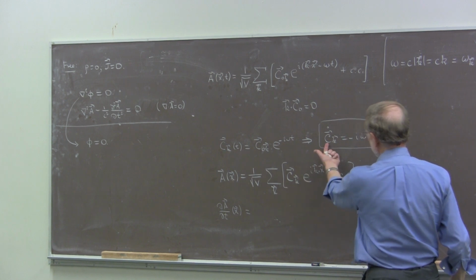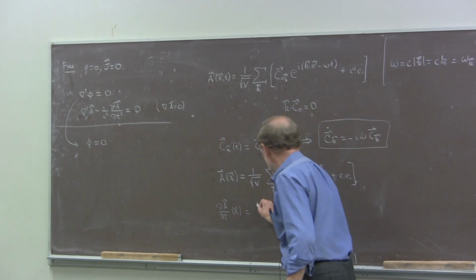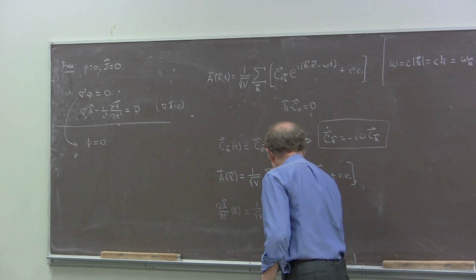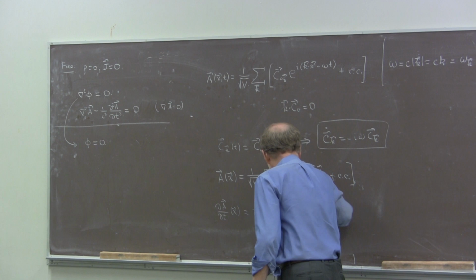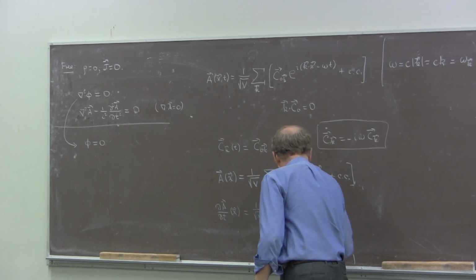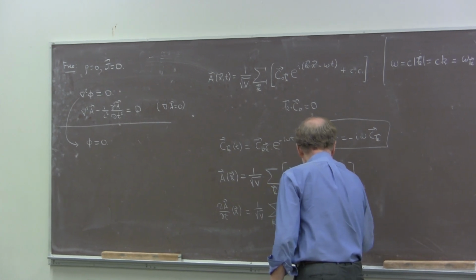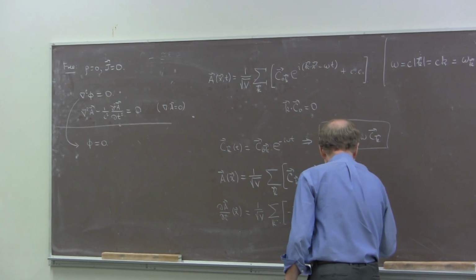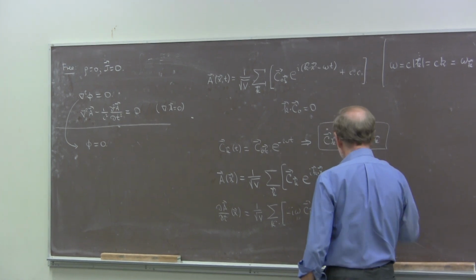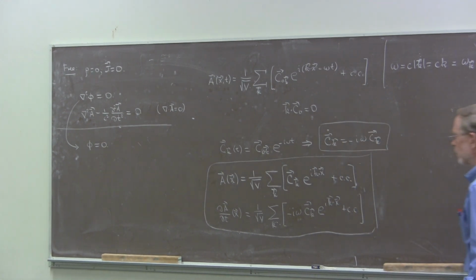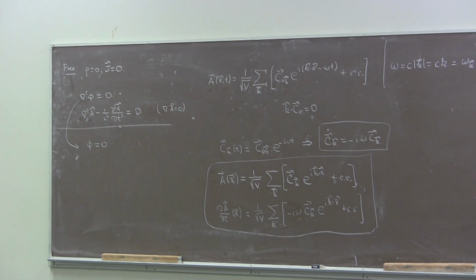The coefficients c depend on time, so plugging this in, we get 1 over the square root of V, sum on k, and then we have the mode coefficients minus I omega c sub k e to the I k dot x plus complex conjugate. Let me box these, because this is the mode expansion at this stage of the argument for both A and dA/dt, which, as I just explained, gives us the dynamical state of the electromagnetic field.